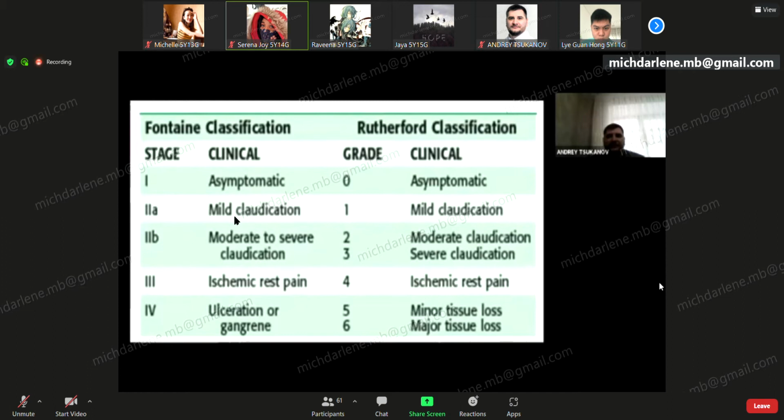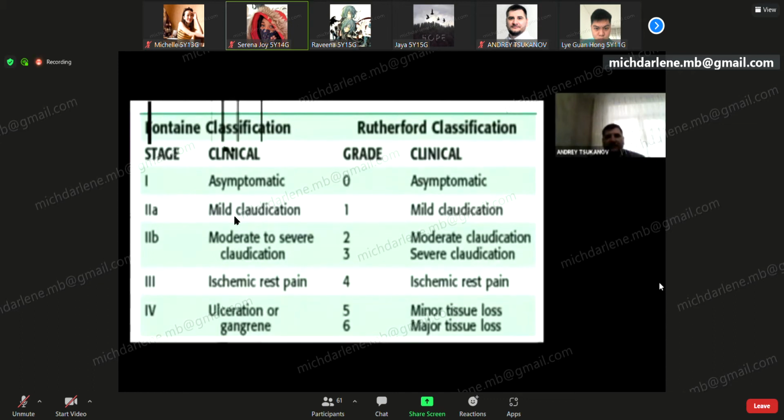Another classification, Rutherford. When we compare with the Fontaine classification, we see there are 6 stages of the Rutherford classification and 4 stages of Fontaine, but the clinical picture is the same.